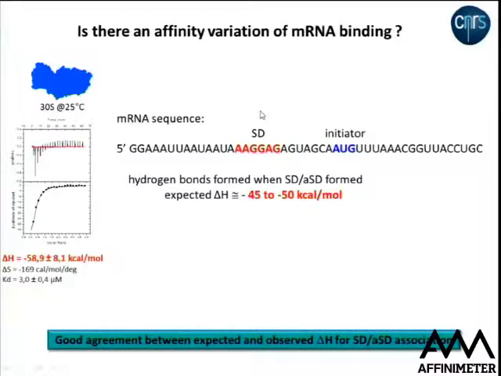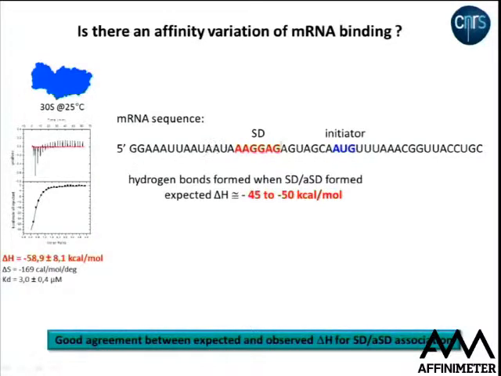So we can check using ITC, in the absence of any factor, on the free small ribosomal subunit, using this messenger RNA sequence. Here in red is the Shine-Dalgarno sequence that is supposed to bind to the anti-Shine-Dalgarno sequence present in the 30S ribosomal subunit.